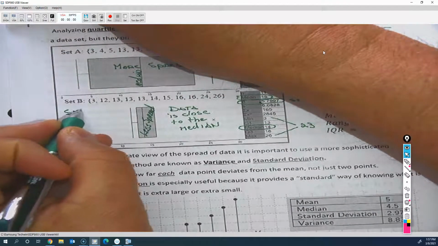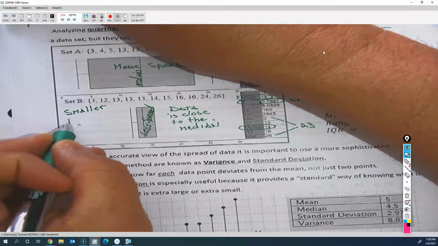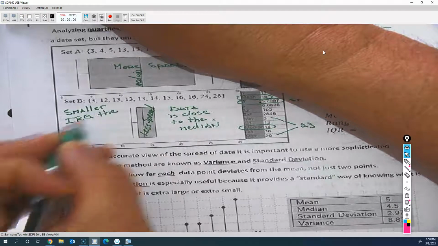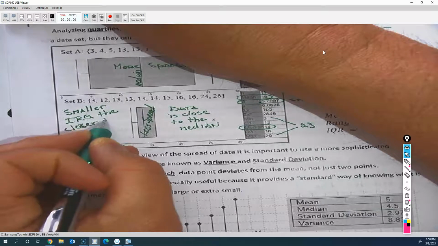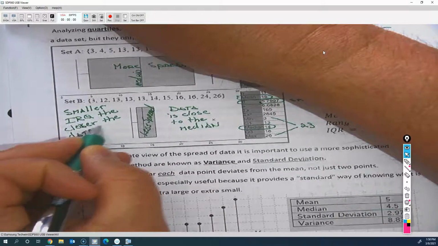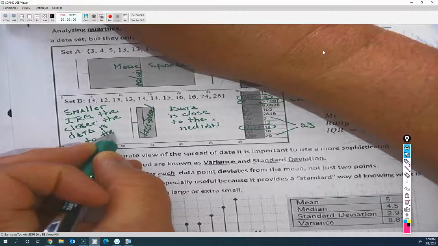A small IQR, the closer the data is to the median.